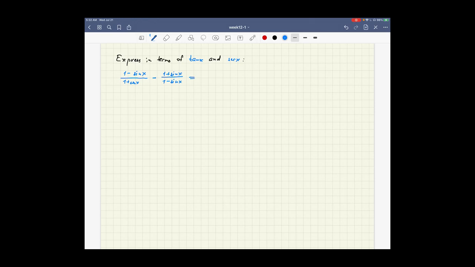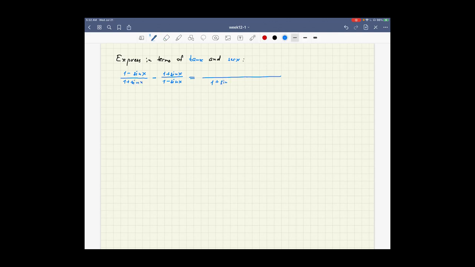All right, the first step, which seems reasonable, is to bring the two fractions to a common denominator. So the common denominator is, of course, the product of the denominators. This should be sine x.